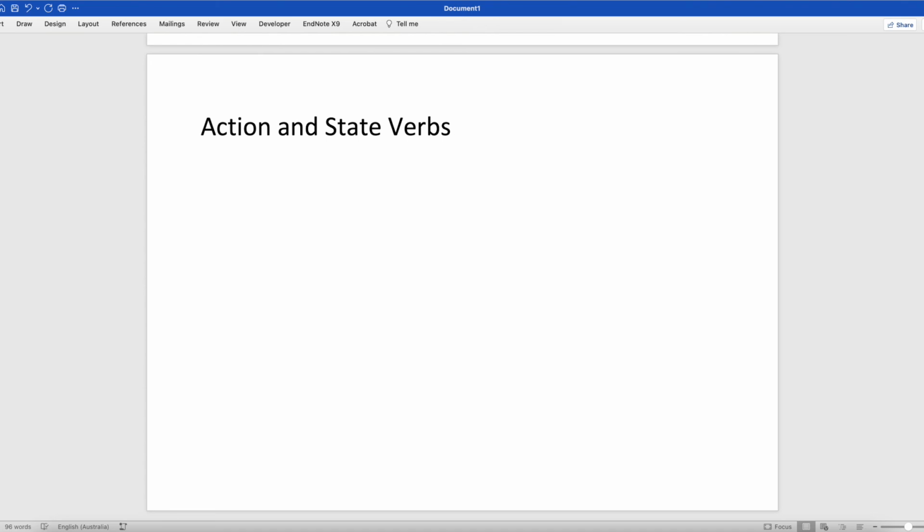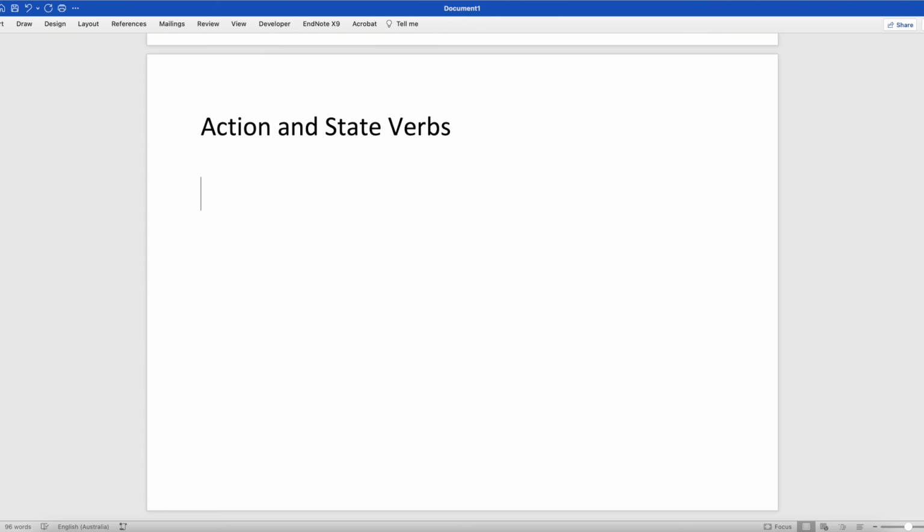When I first came across this idea as a new English language teacher, it really opened up my mind to think that, wow, there are different kinds of verbs. There are action verbs, which are verbs of doing, and there are also state verbs, which suggest a state of being rather than an actual action.